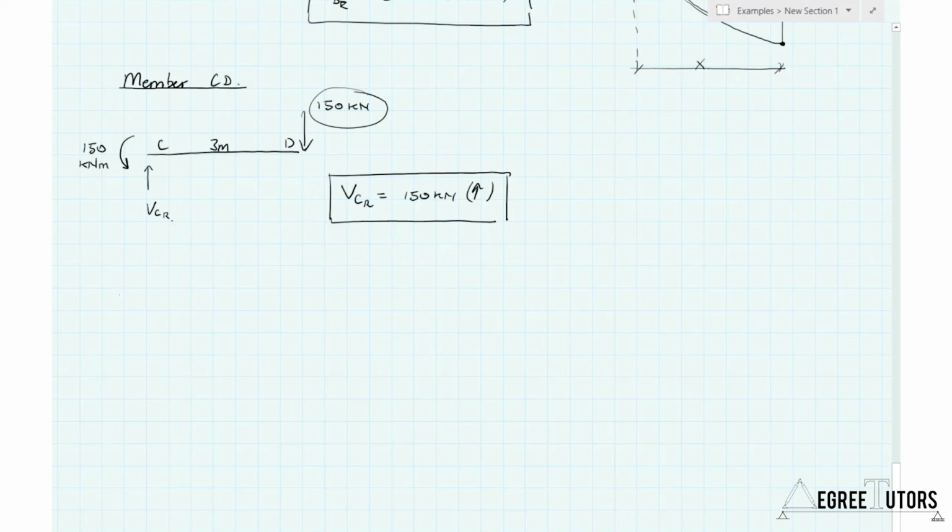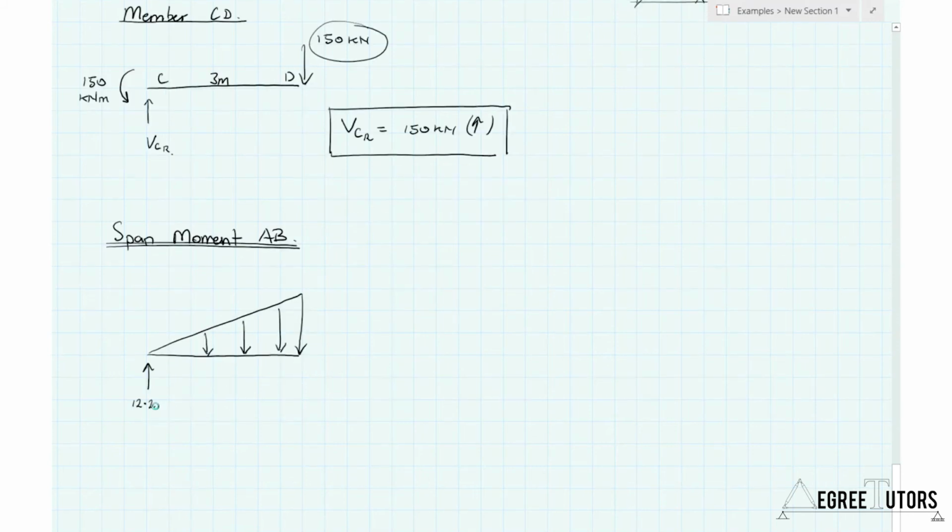So, span moment AB. I have taken a vertical cut through my structure at some distance x to the right of point A. That means the magnitude of the loading at the cut is 10x over 3. Now I want to determine an expression for M as a function of x. How does that bending moment vary as x changes?